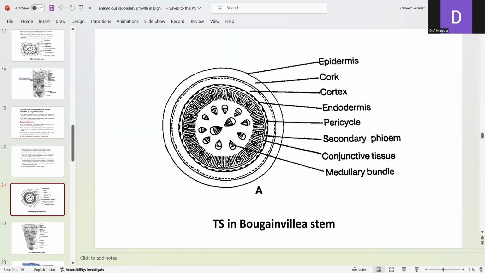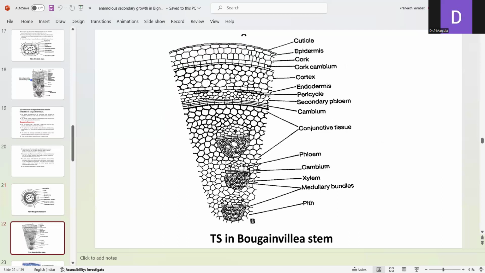Here this cambium produces phloem outside, and secondary xylem and conjunctive tissue towards the inner side. This cambium produces secondary phloem towards the outside, and here it produces conjunctive tissue, that is, secondary parenchymatous or sclerenchymatous cells, and secondary xylem towards the inner side.